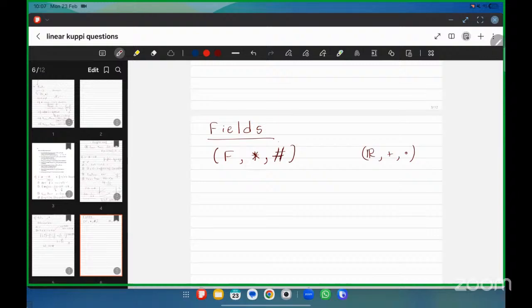So a field is actually a set having two operations with some conditions. Those conditions are here. There are only four conditions.